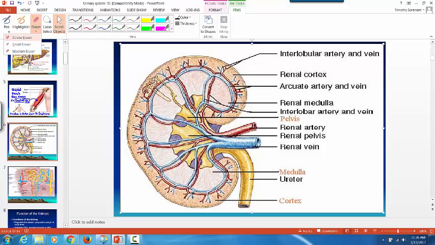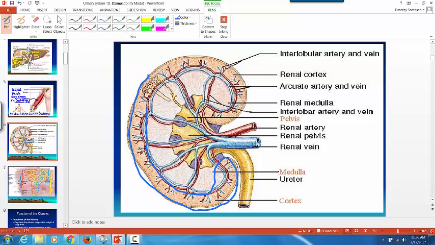So I just want to go over some of the internal structures of the kidney and just give you an idea of what's going on. First of all, the kidney is divided into basically two parts. You have the outer portion, and the outer portion of any organ is called the cortex. And then you have the inner portion here, called the medulla.